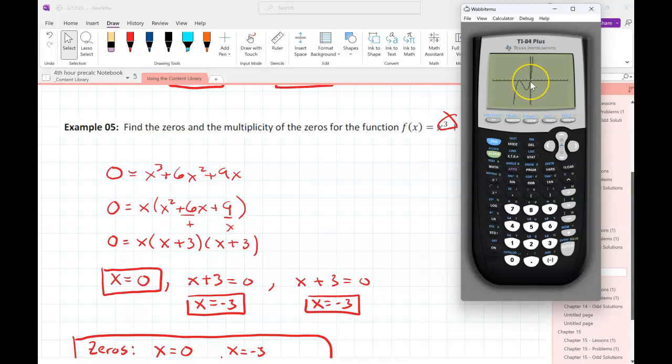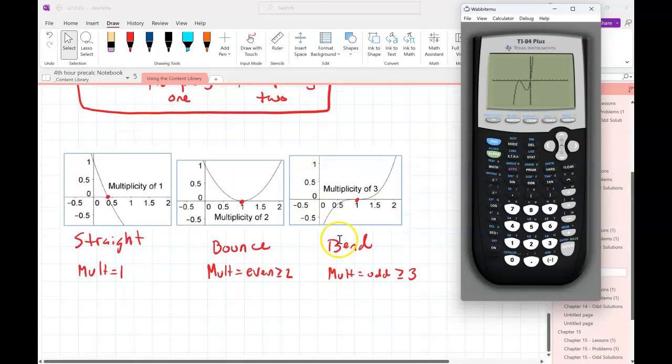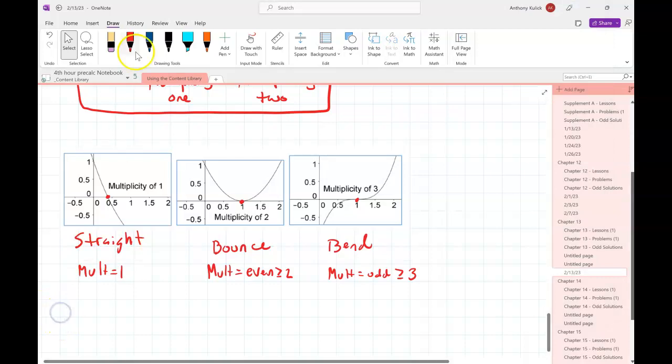And I have a straight at 0. Which matches what we saw here, where I have a 1 multiplicity solution at 0 and a 2 multiplicity solution at -3. Is everybody okay with that? This will become a very important piece of information as we go deeper into this chapter.